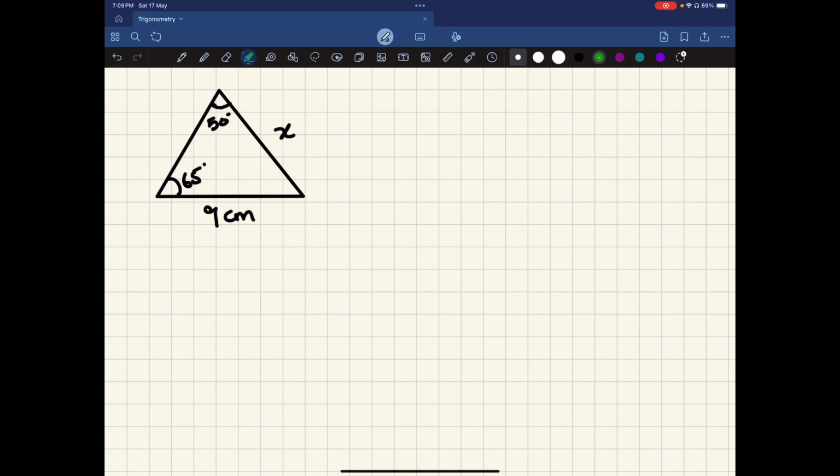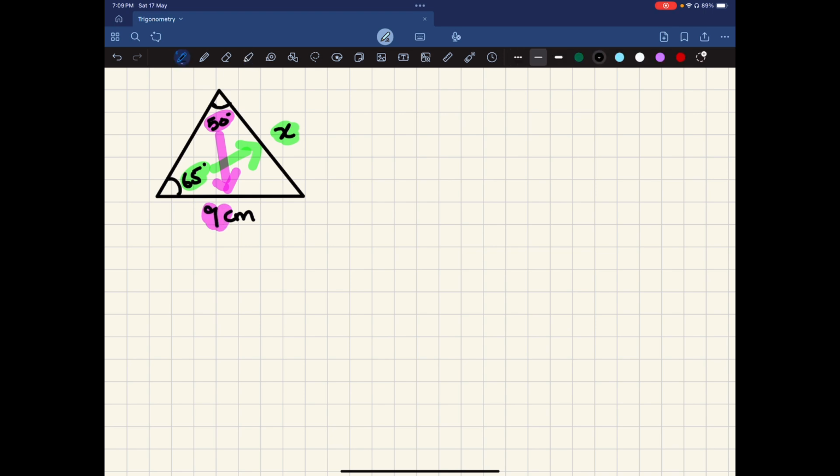Indeed it is. And we know that we're going to apply the sine rule because that is what we're doing currently. So let's figure out the angle side pairs. Okay, so 65 is paired with X because it is opposite to it. And 50 degrees is paired with 9 centimeters, right?